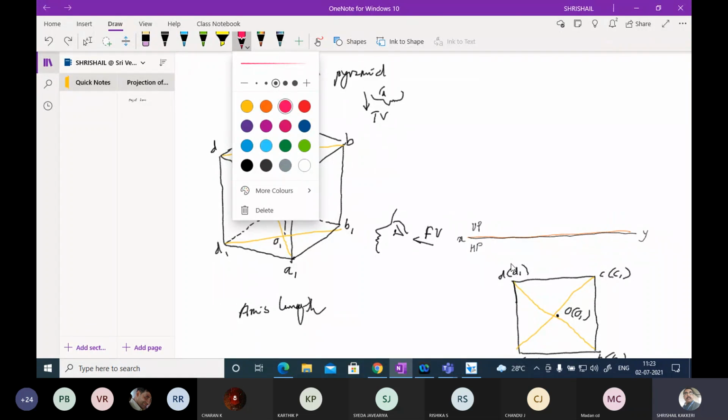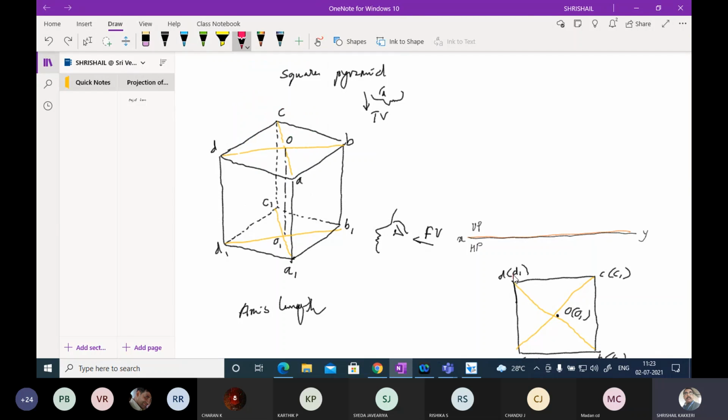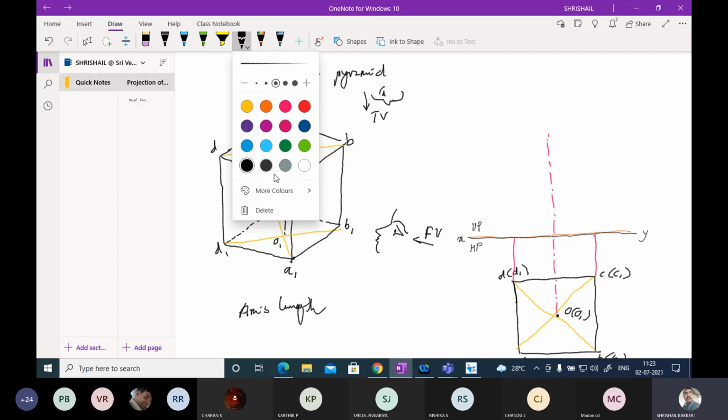Let me project from here, I have projected, and project from here and project the axis line. They'll be giving us the axis height, for example 50 mm or 40 mm. Based on that we have to select.